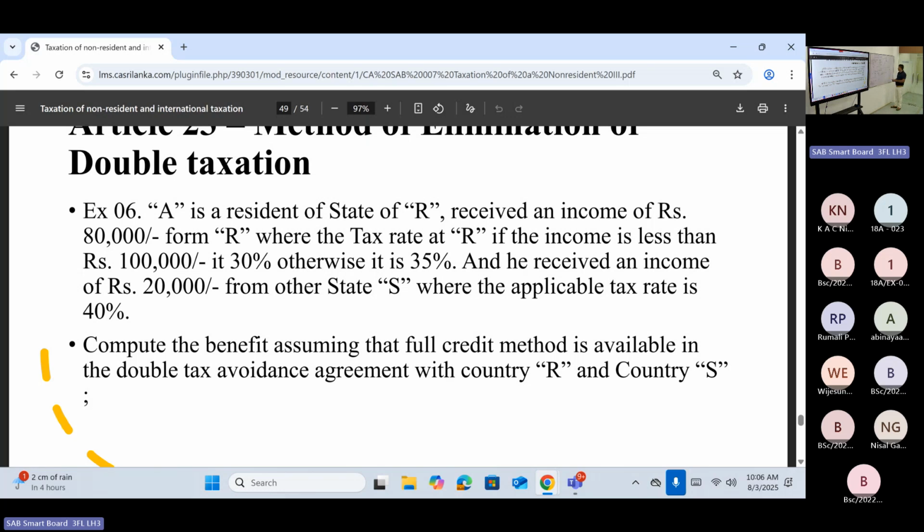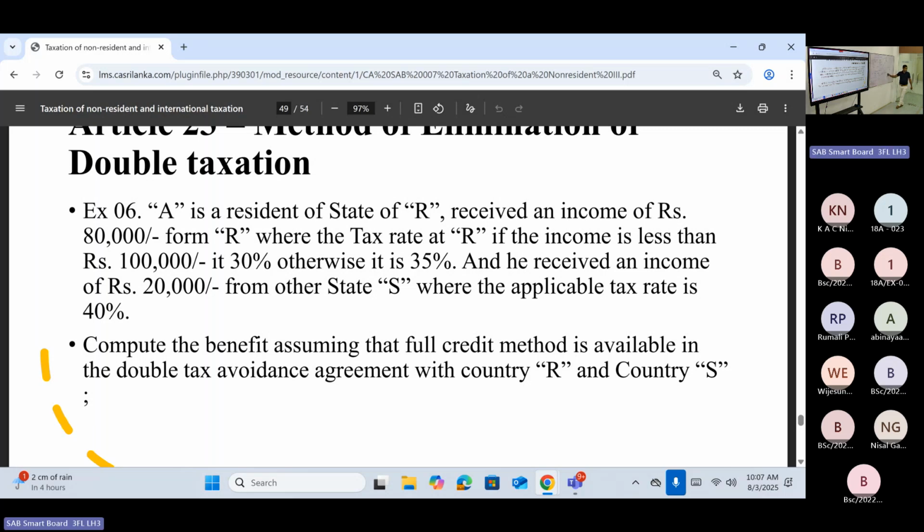In country S he has already paid 8,000. Therefore, we are giving tax credit of 8,000. So 27,000 is the total tax liability he has to discharge in the resident country.